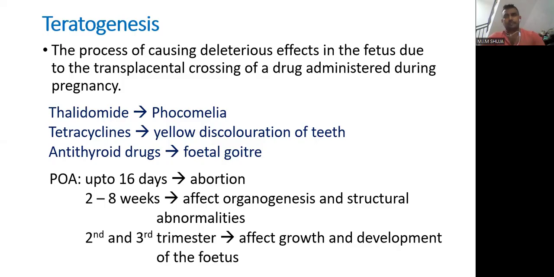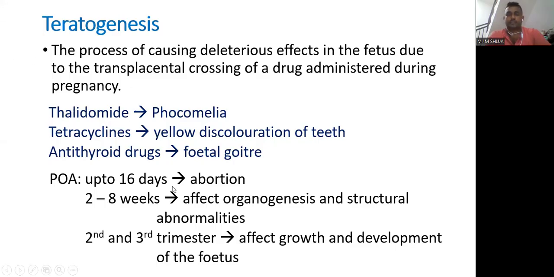I think I have explained this during my drug development, the safety of the drug. Tetracycline causes yellowish discoloration of the teeth. An antithyroid drug, when the mother takes it, crosses the placenta and suppresses the fetal thyroid gland, so the baby will not produce enough thyroxine for itself.